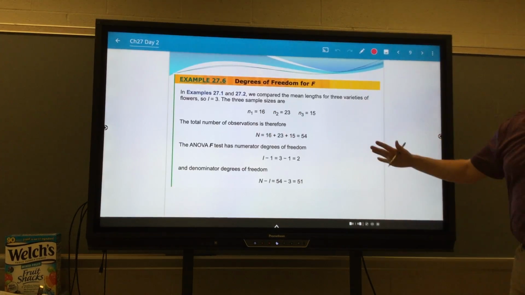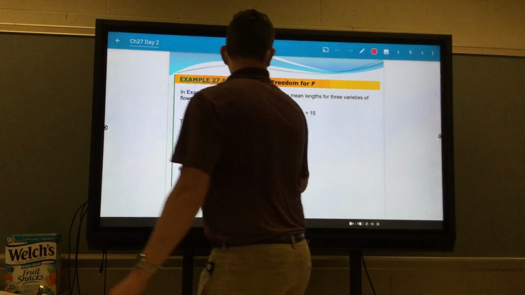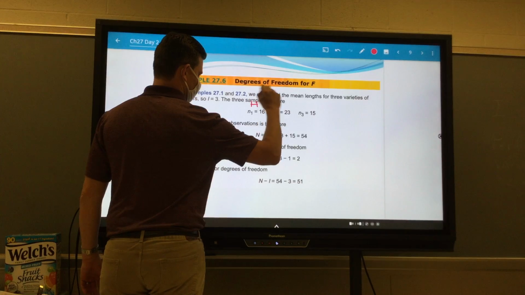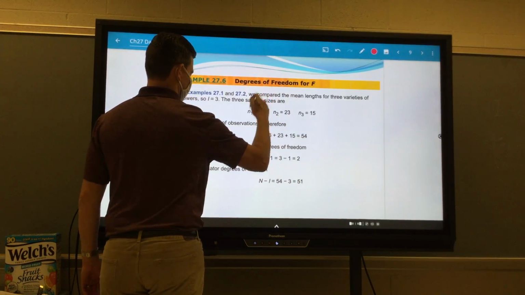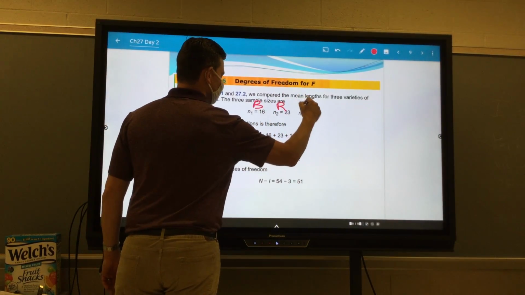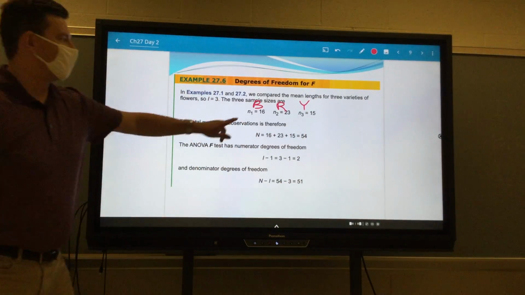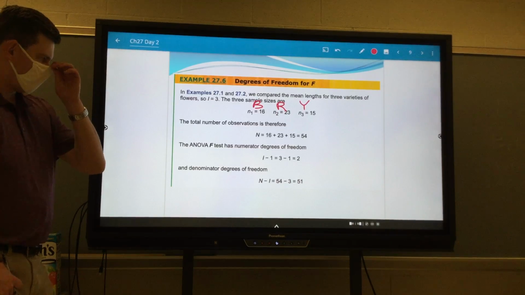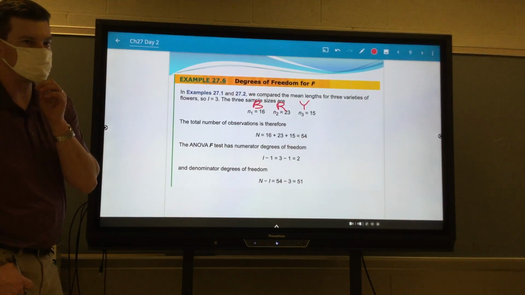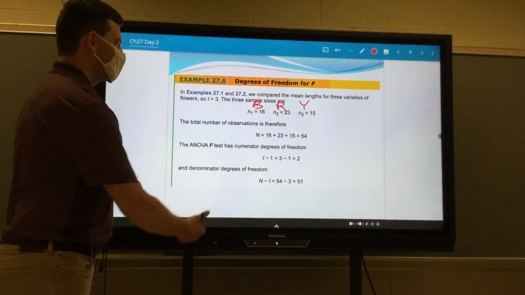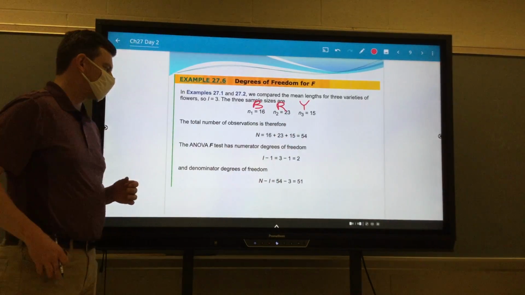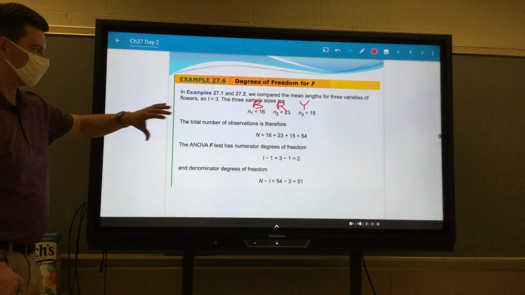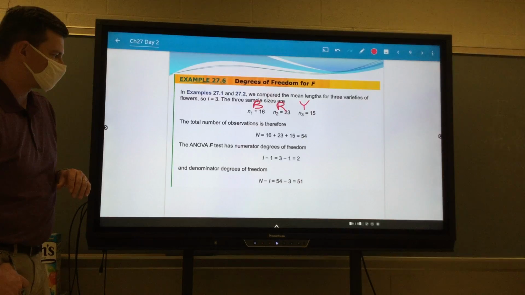In our flower example, this was the high variety, this was red, and this was yellow. We had our three different sample sizes, 16, 23, 15. So our total number of observations across all three of our samples was 54. Now, we split this into three different groups, three different kinds of flowers.